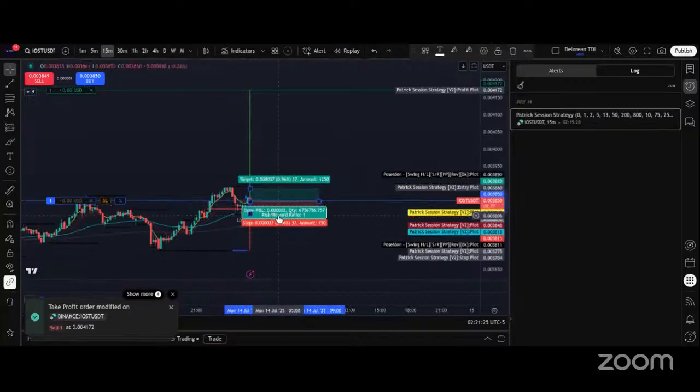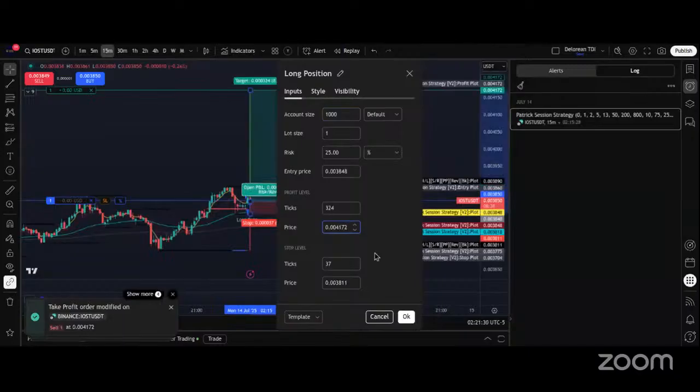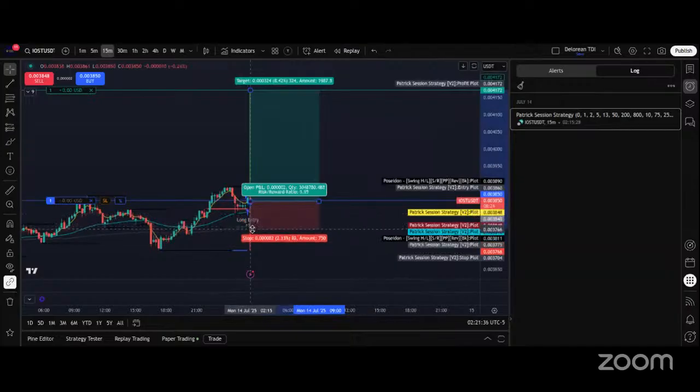Again, another long position. It's going to be a 3.95 risk to reward ratio. All right, let's go ahead and dump this in. IOS USDT 15-minute confirmation. Market execution buy with a 3.95 risk to reward ratio.